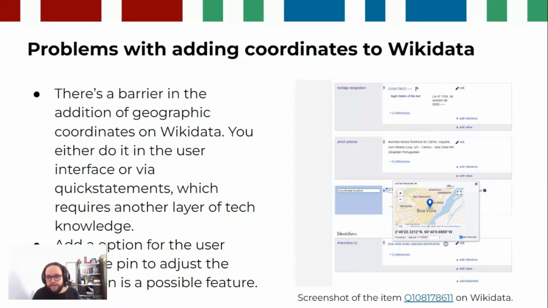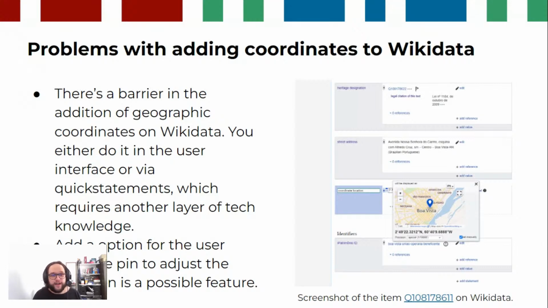Sometimes you have a coordinate that is general, it's in this area, but the precision is not very good, and you should be able to drag the pin a little bit in this map to adjust and say no, it's not the neighbor building, it's this building, and then make the information accurate.